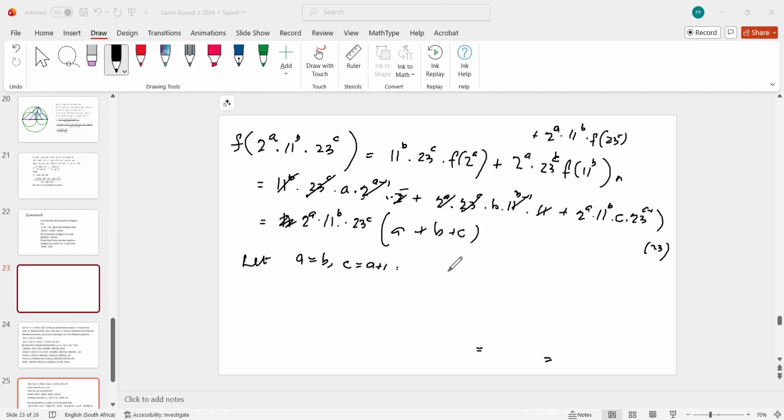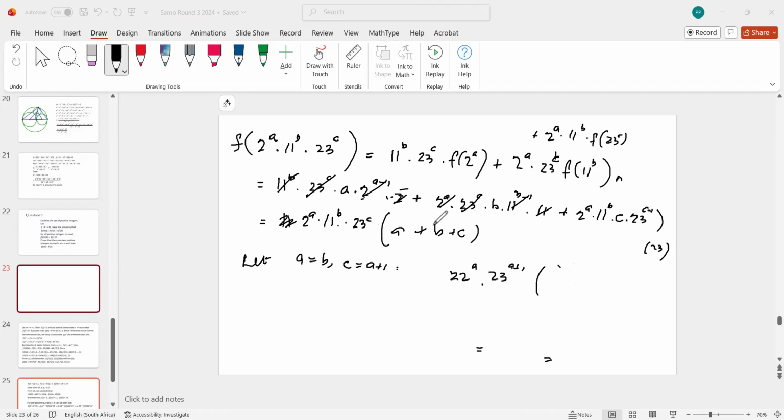Then what do you have? You have 2 to the a is equal to b times 23 to the a plus 1, because c is a plus 1.